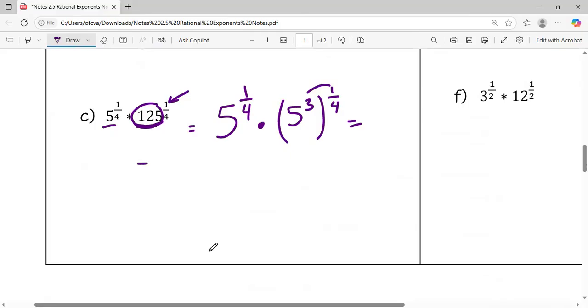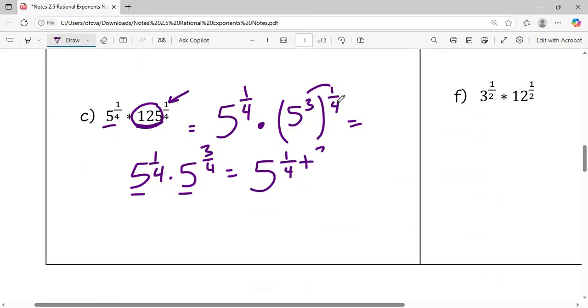So now that becomes 5 to the 1/4 times 5 to the 3 times 1/4, which is 3 over 4. 5 to the 3 over 4. And then we can use the property of exponents that says if you're multiplying the same base, which you now have, you can add the exponents. So keep the base one time, and you're adding 1/4 plus 3/4, and 1/4 plus 3/4 is 1. So that gives you 5 to the first, or 5.